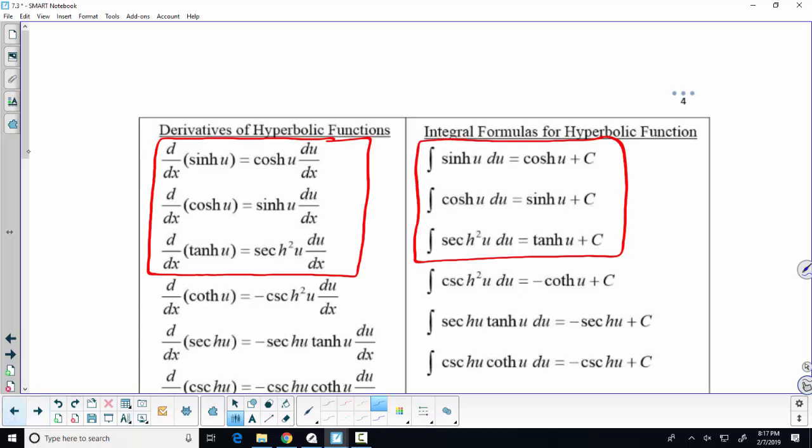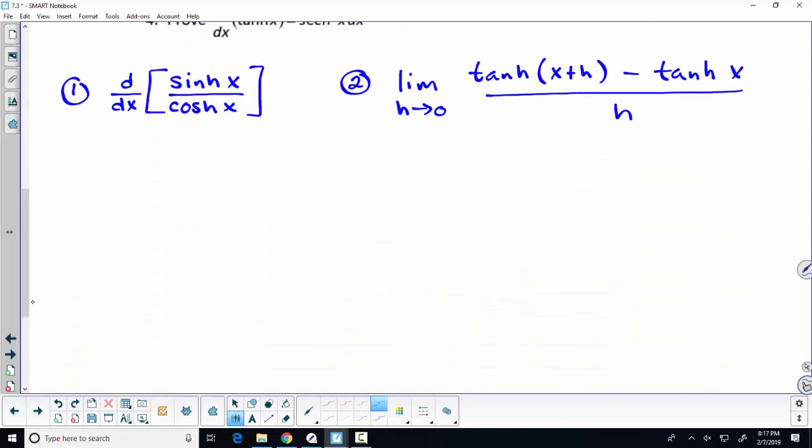Definitely the first thing we mentioned was the easiest. So the quotient rule says we take what? Low d high, high d low. Okay, let's do it that way then.